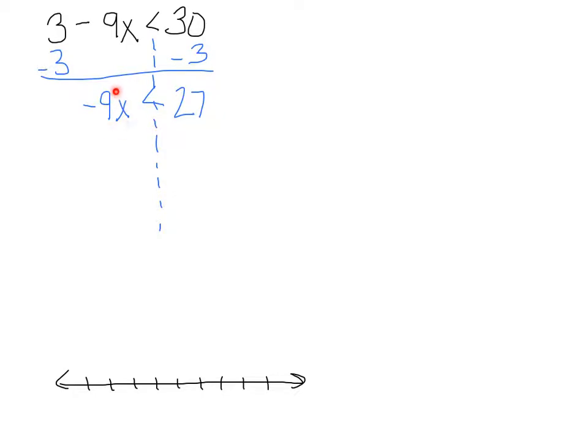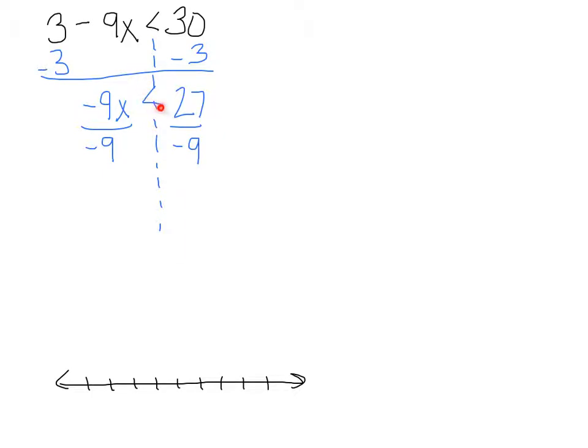But now our goal is to get this x by itself. Same thing as solving an equation. You're going to want to divide both sides by that coefficient, that -9. So we're going to divide both sides by -9. And we're almost done, but here's the one thing that's different about solving an inequality.